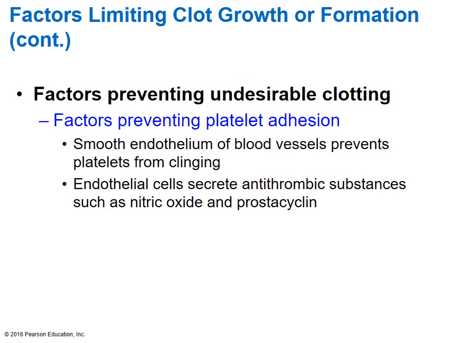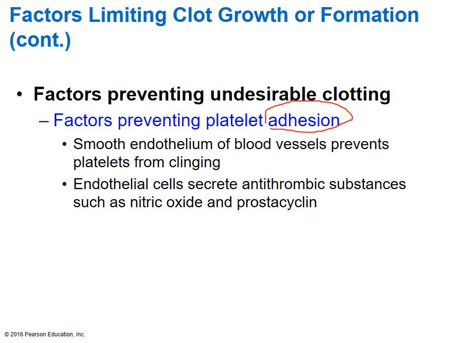Another way that we can prevent an undesirable clot, and this is one that I've already mentioned, is by preventing platelet adhesion. So we don't want the platelets to clot or plug together if the blood vessel is fully healthy and there's no injury. And the easiest way to do that is to take a look at the actual anatomy of the blood vessels.